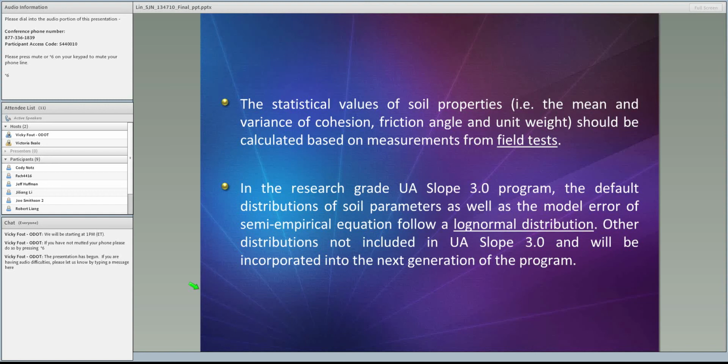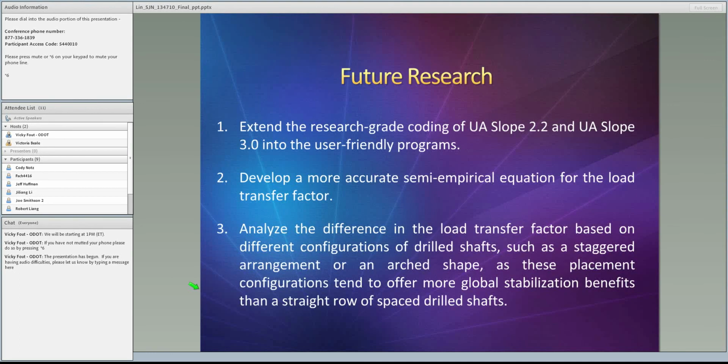The third one is analyzing a different combination for the load transfer factor based on different configurations of drilled shafts, such as staggered arrangement or arched shape. So why do we analyze this part? Because sometimes when we use one straight row of drilled shafts, it couldn't get the target factor of safety or gives excessively large shaft force.